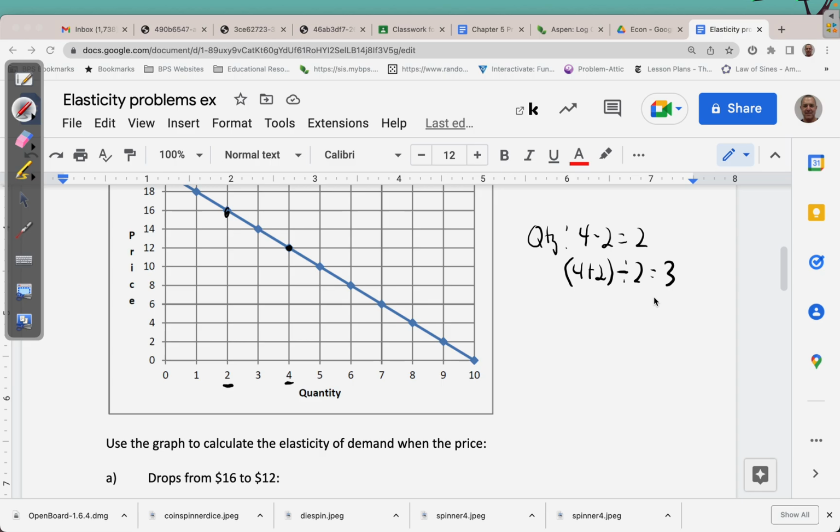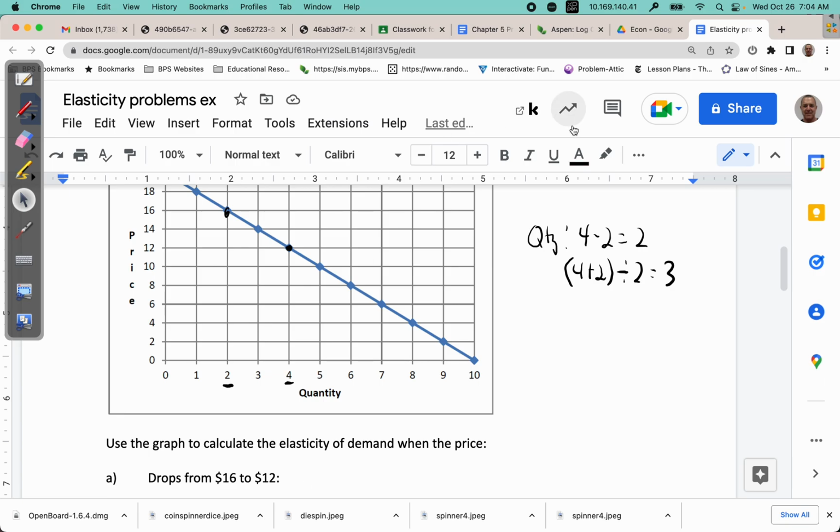is 3. So we're going to come down here and type quantity. The percent change is 2 divided by 3 equals, we'll call it 0.66. All right, now price.